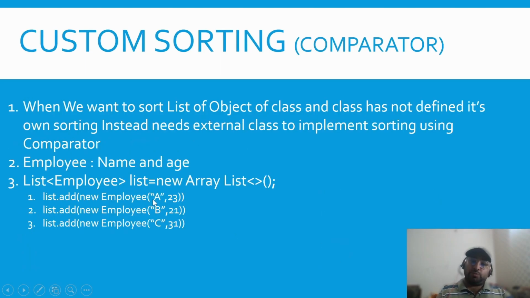But here the object has two attributes, first name and second age. So we need to define our own customized sorting, one for name and another for age. How can we define this customized sorting? This is possible using the comparator interface.